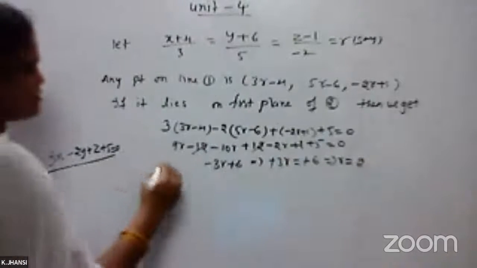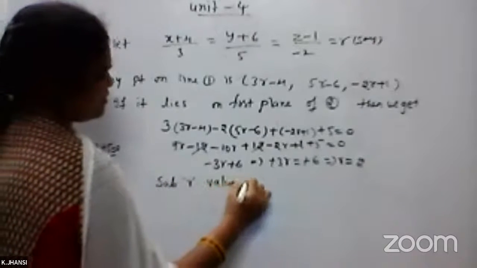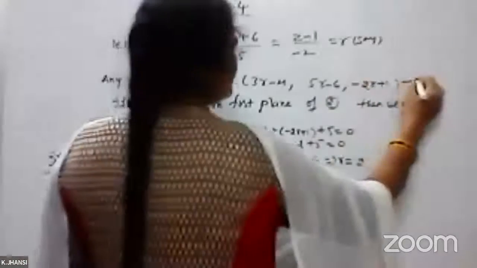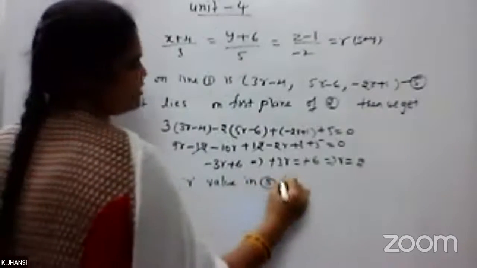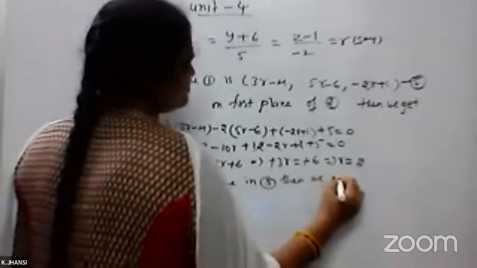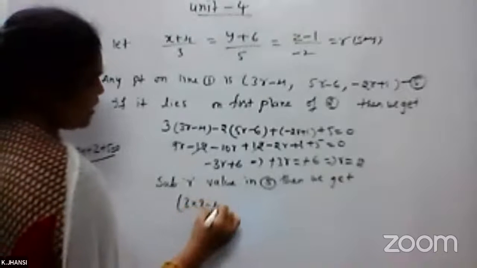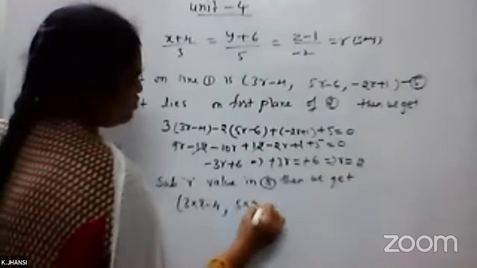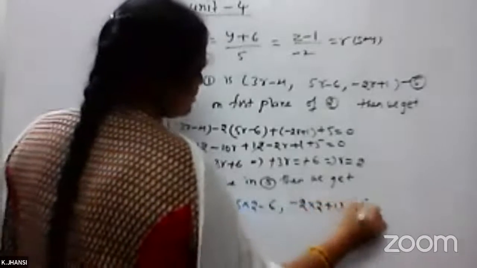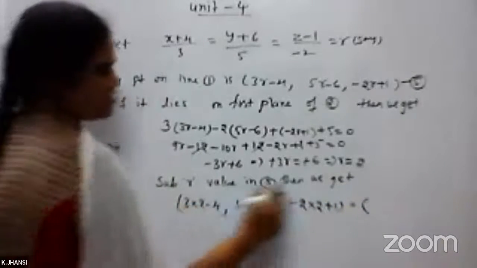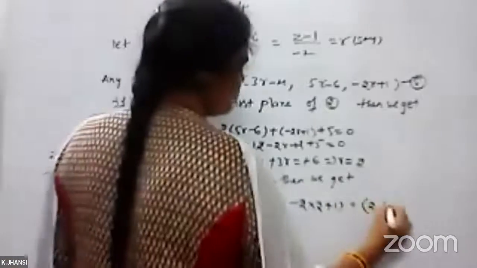Okay, so substitute this r in the point. Then we get 3 into 2 minus 4, 5 into 2 minus 6, minus 2 into 2 plus 1. So 3 into 2 is 6, 6 minus 4 is 2. And here 5 into 2 is 10, 10 minus 6 is 4.